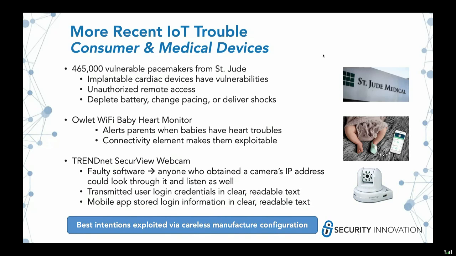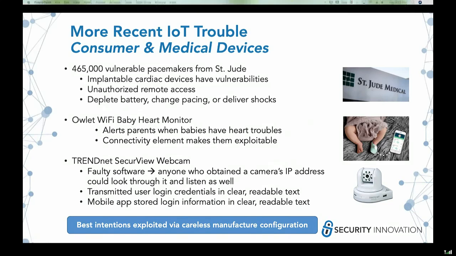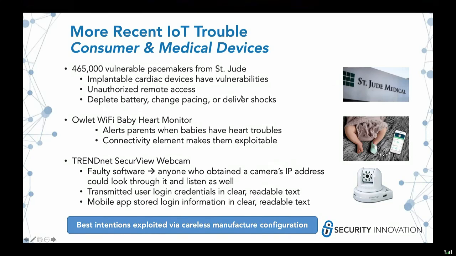Similarly, the Owlet Wi-Fi baby heart monitor, it's again supposed to allow parents to understand when the child might be having some kind of arrhythmia, but there was a connectivity element, again, made it completely exploitable. And then this one, the third one here, the TrendNet, this is one of my favorites.